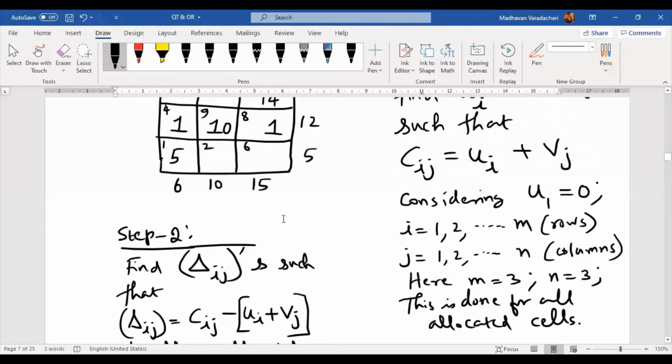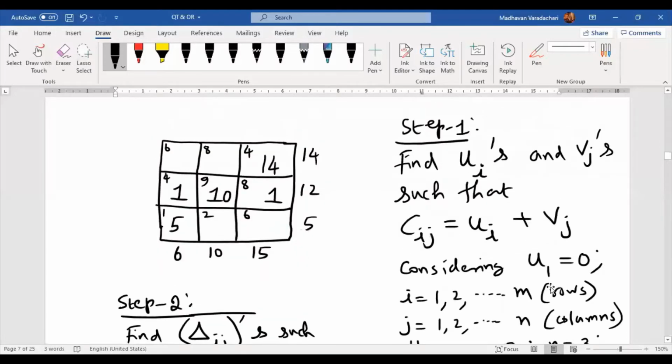So I will write it like this. For the first row, I will write u1, second row u2, third row u3. First column v1, second column v2, third column v3.